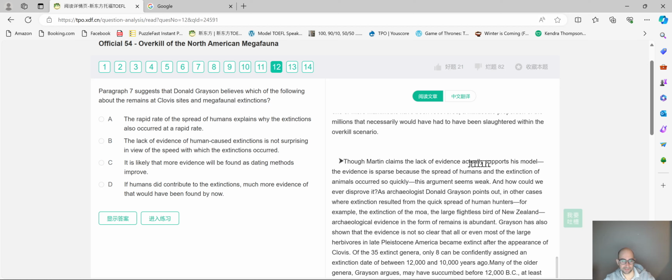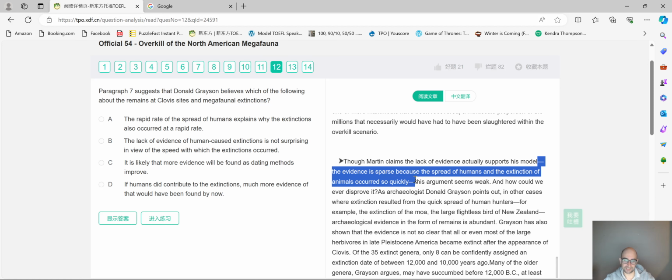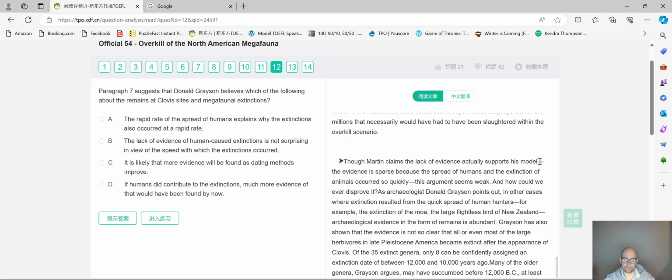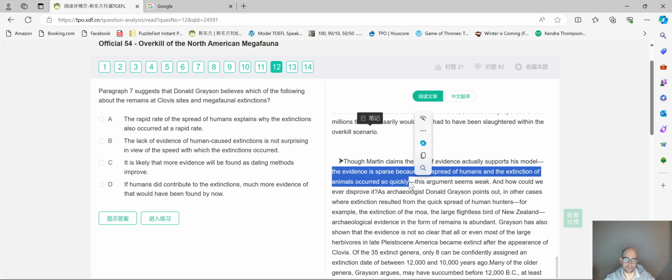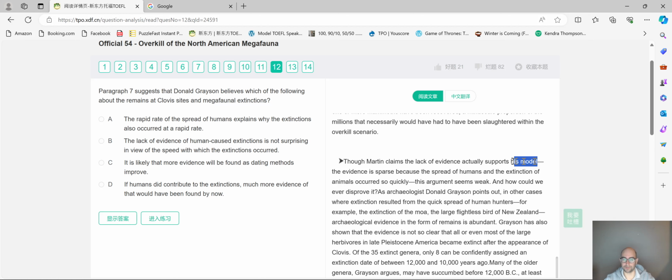Claims a lack of evidence actually supports his model. Okay, so Martin's argument, theory, whatever, his claim, there's a little bit of information here that can help us understand it. Anytime you notice em dashes, these big wide dashes, these are kind of like parentheses, and they usually function to give you extra information that supports the previous sentence.